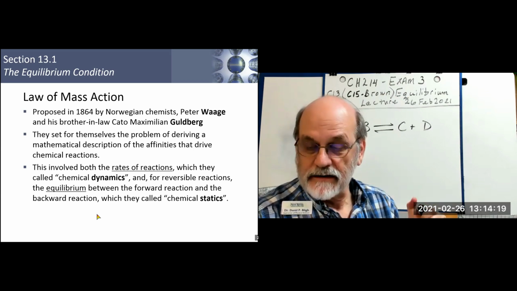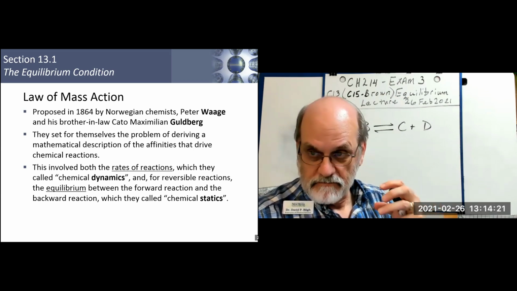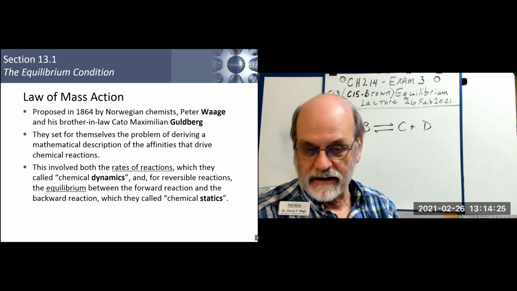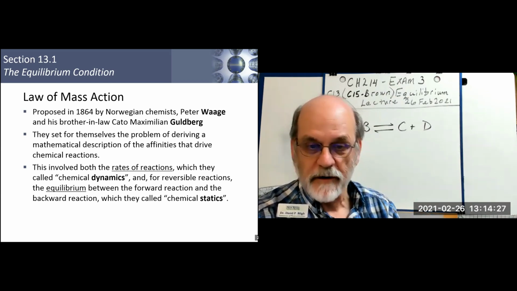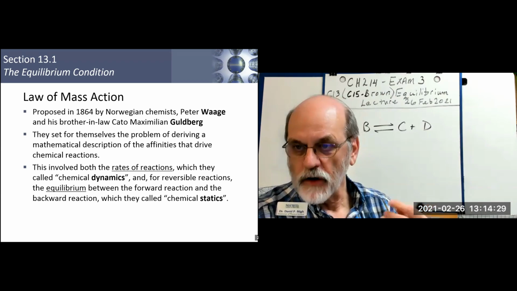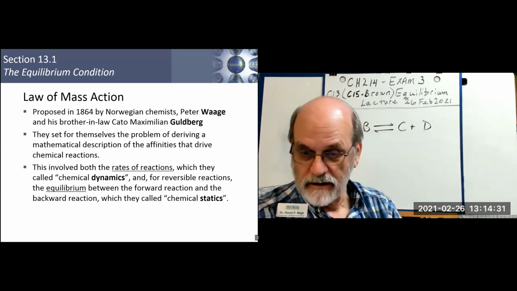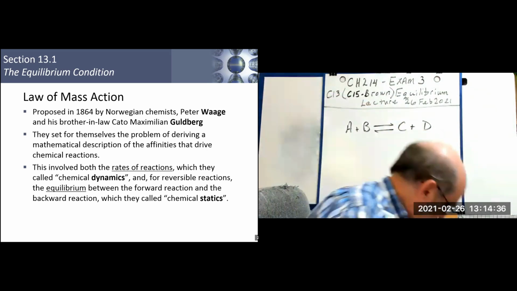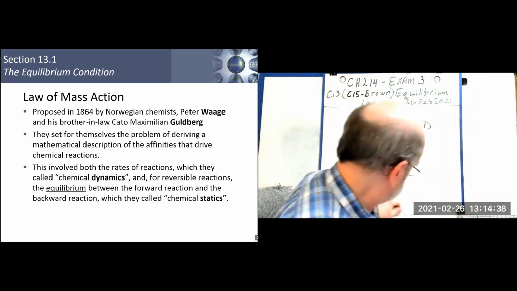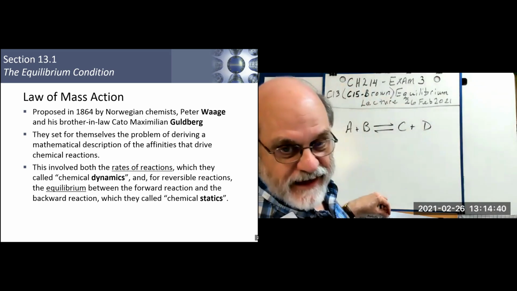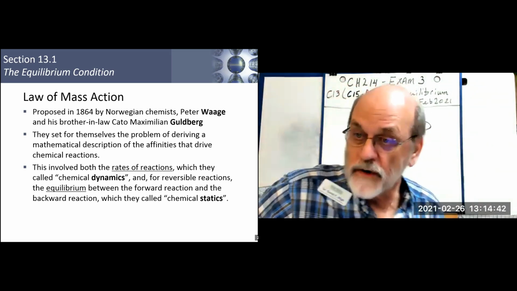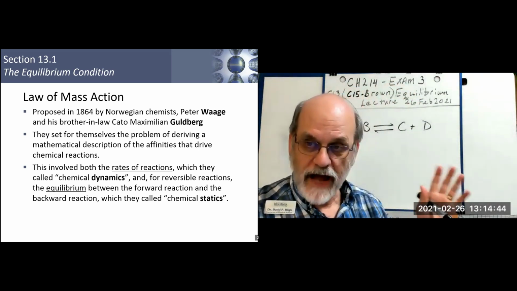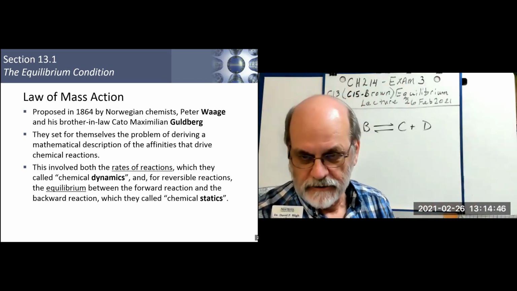They defined things that were happening in a chemical reaction in terms of those that imply motion and those that imply sitting still. The things that imply motion, what we've studied in the last chapter, reaction rates, they call dynamics.